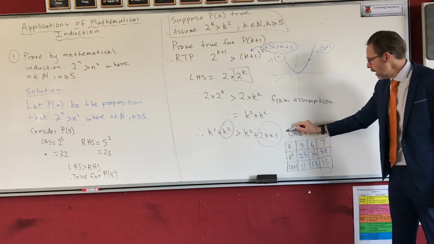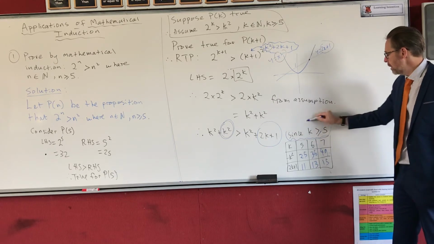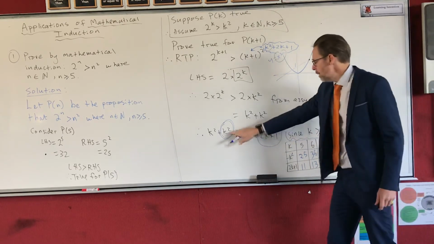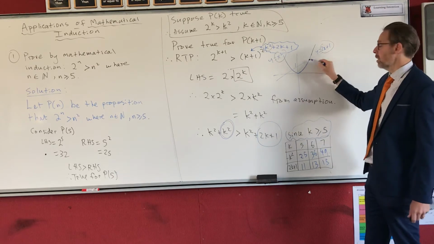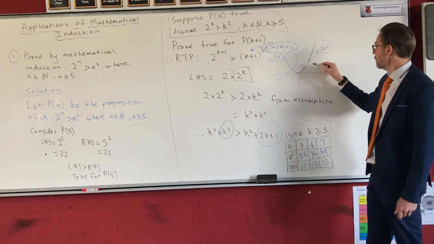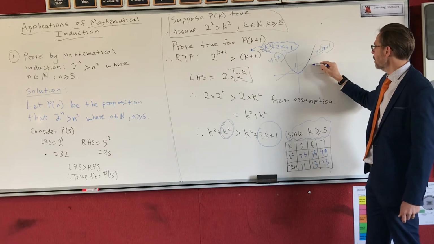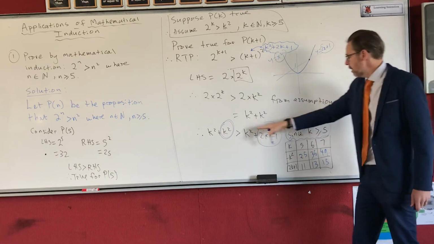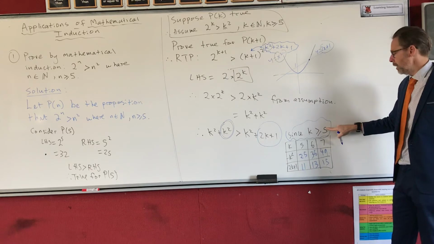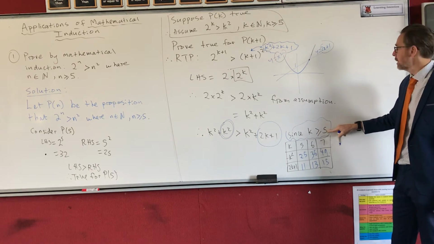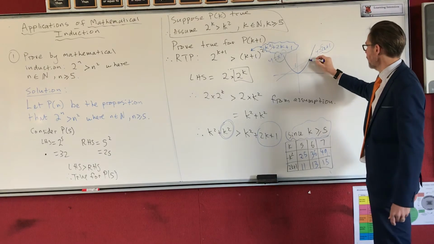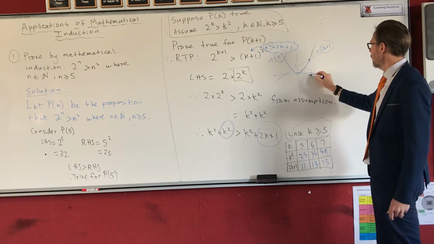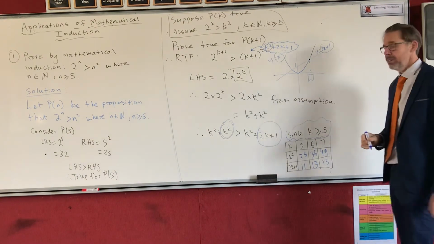So this statement here is essential because k squared is not bigger than 2k plus 1 for all values, as you can see from the graph up here. But that is true for values of 5 and bigger. You could work out what that value is if you wanted to. It's definitely less than 5.